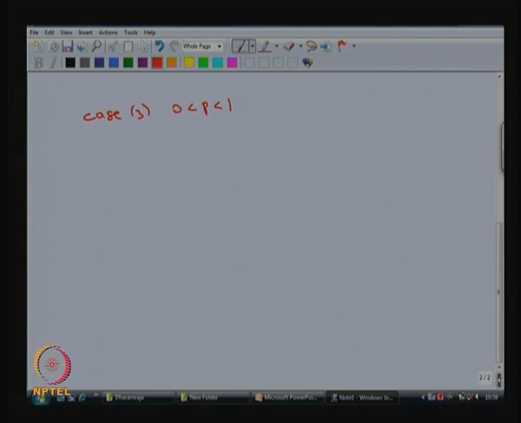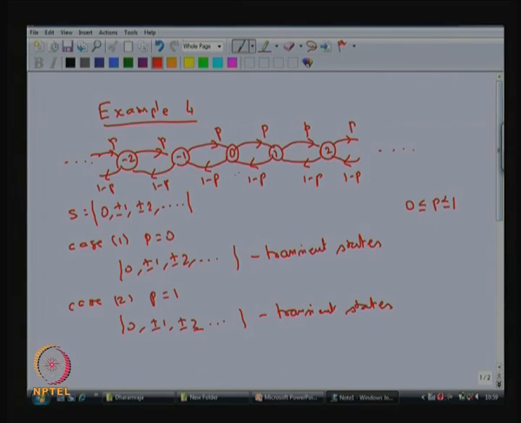That means, if you see the previous state transition diagram, you have both the forward arcs as well as the backward arcs, because the probability p lies in the open interval 0 to 1. Therefore, 1 minus p also lies in the open interval 0 to 1. Therefore, whenever the system starts from any state, it will come back to the same state in an even number of steps.